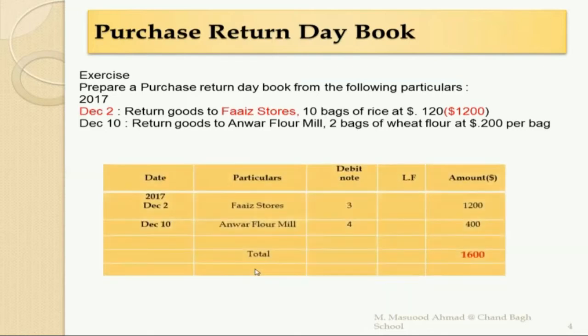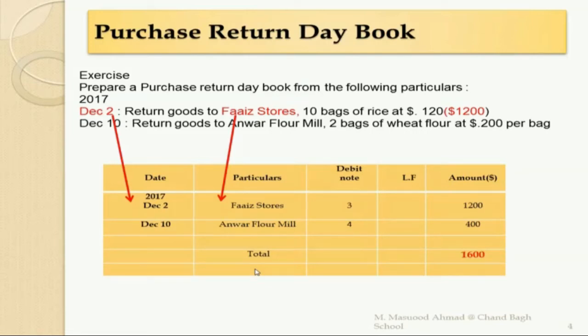So here is your Purchase Return Day Book, and the date, that is 2nd December, will be entered in the date column, the first column. In the description column, the creditor's name will be written. In this first transaction, 5 Store is the name of the party to whom we are returning goods.